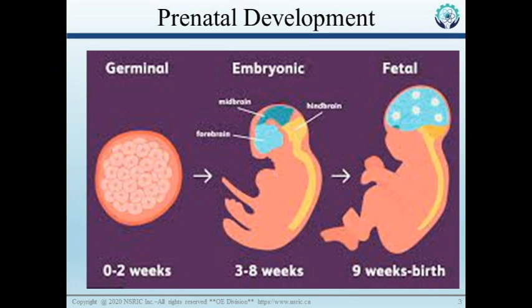Here we have a period of growth and refinement. You have the maturation of the organ systems that were first established in the embryonic phase, and the fetus undergoes a remarkable surge in size and weight as it prepares for life outside of the womb.